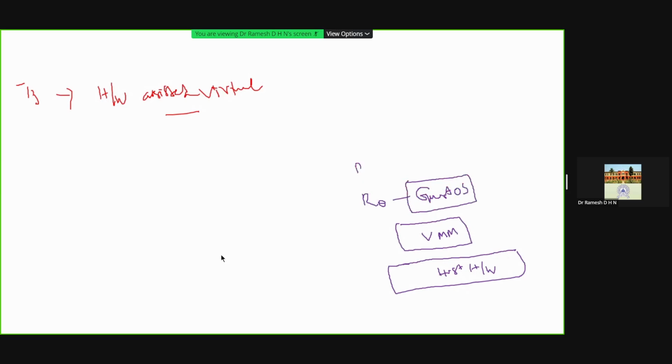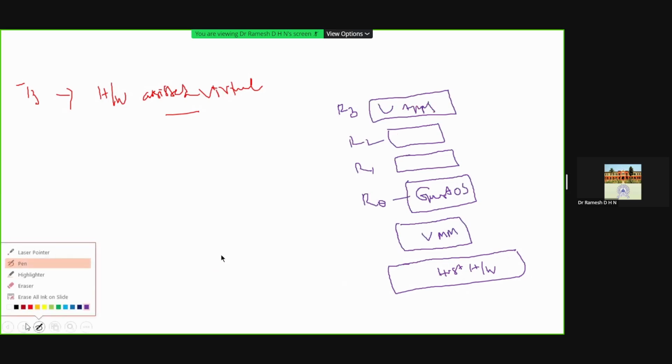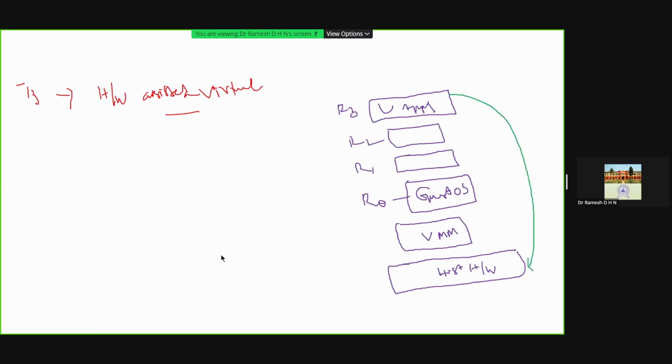Ring 1, nothing. Ring 2, nothing. This is the empty slot given for emulating other parts of applications. Ring 3, as usual, contains the user apps. No change, as usual we have direct communication. Direct execution of user requests.